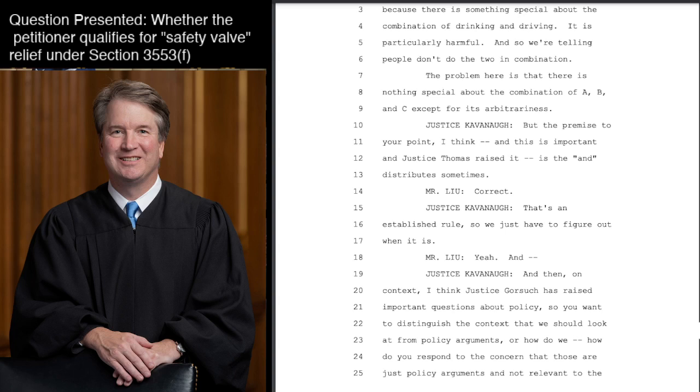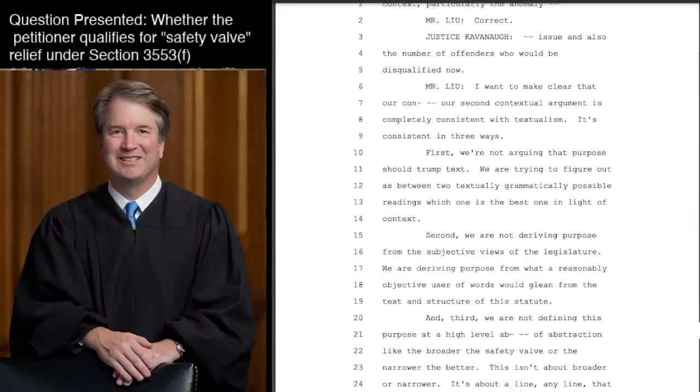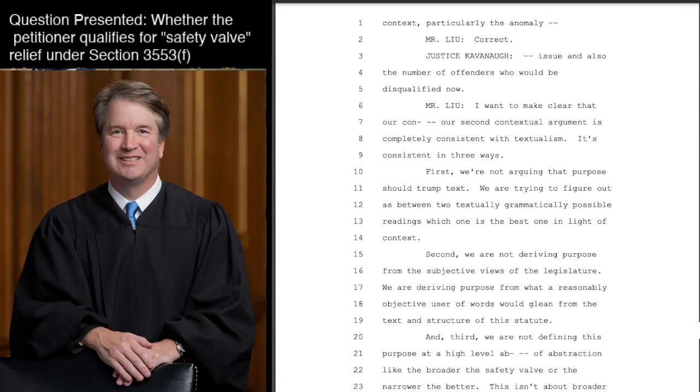Yeah. And then on context, I think Justice Gorsuch has raised important questions about policy. So do you want to distinguish the context that we should look at from policy arguments, or how do you respond to the concern that those are just policy arguments and not relevant to the context, particularly the anomaly issue and also the number of offenders who would be disqualified now? I want to make clear that our second contextual argument is completely consistent with textualism. It's consistent in three ways.